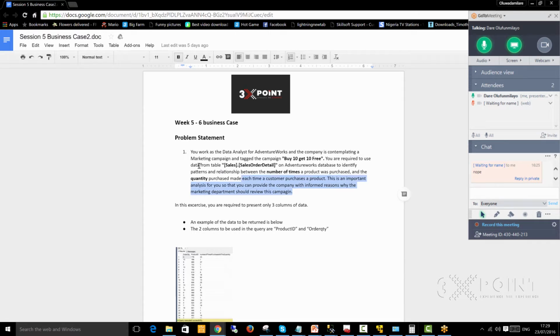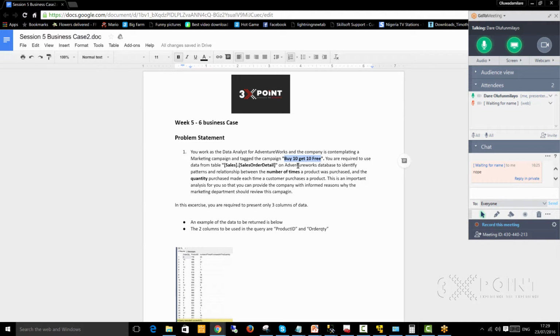Now, let me say something brief about this. If your company says they want to embark on a marketing campaign and they intend to title it buy 10 get 10 free, they need to be able to justify that these figures are based on what they already know, not some guesswork.